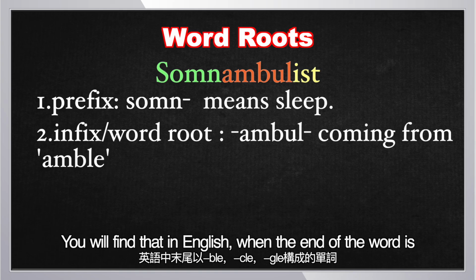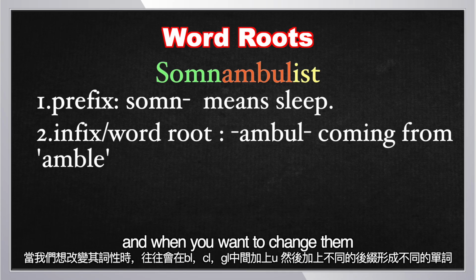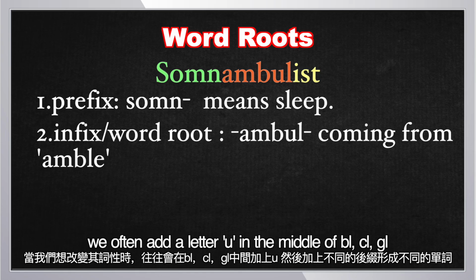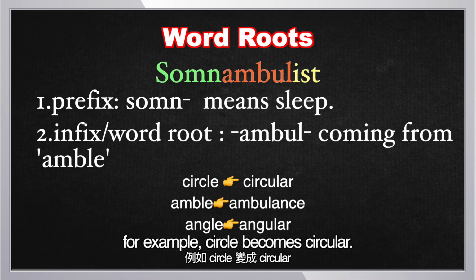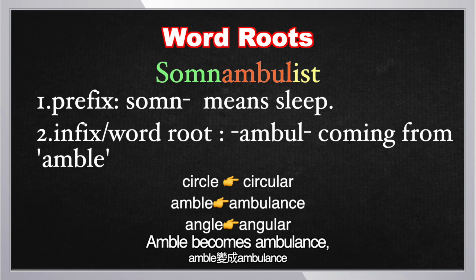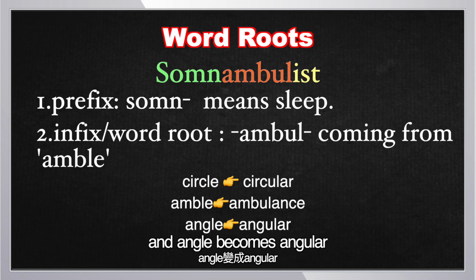You will find that in English, when the end of the word is formed with the letters ble, cle, or gle, and when you want to change them, we often add a letter u in the middle of bl, cl, gl, and then add different suffix forms to make different words. For example, circle becomes circular, amble becomes ambulance, and angle becomes angular.